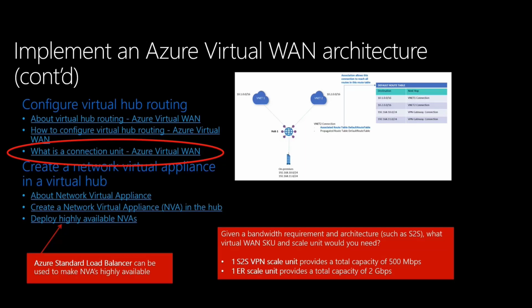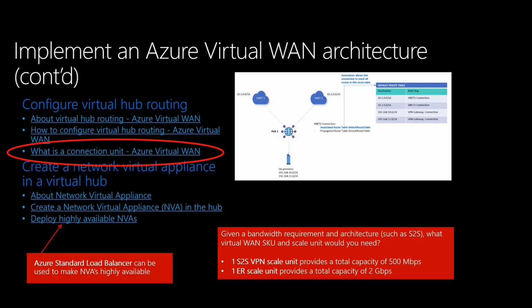The routing capabilities in a virtual hub are provided by a router that manages all the routing between your gateways using Border Gateway Protocol, or BGP. The router also provides transit connectivity between virtual networks that connect to that virtual hub.